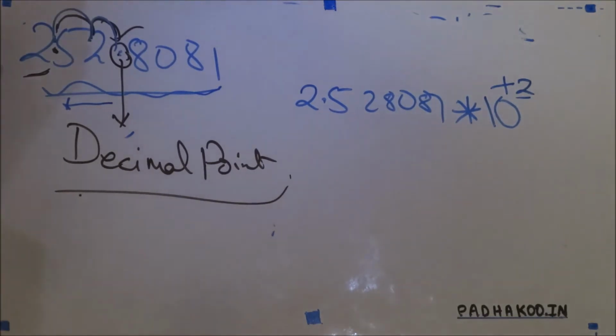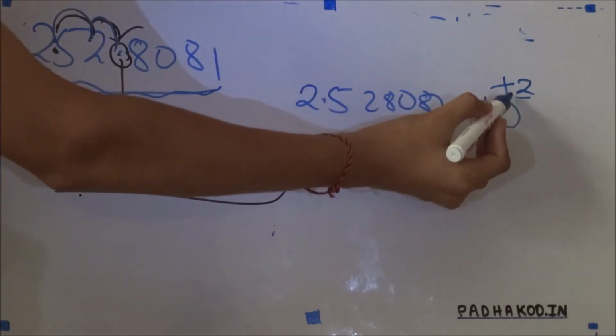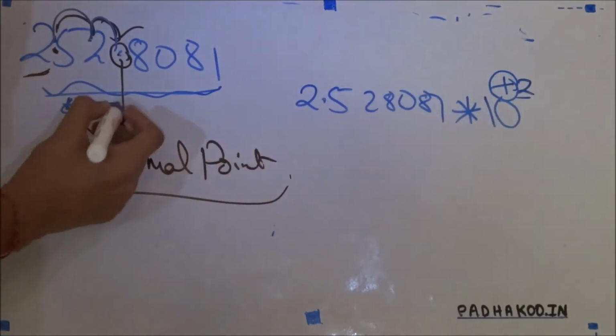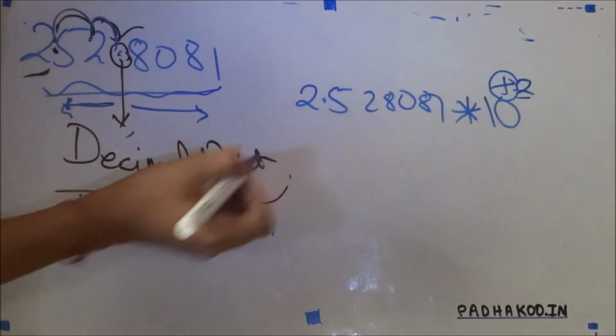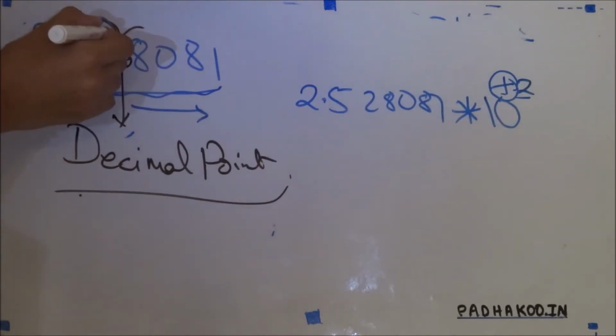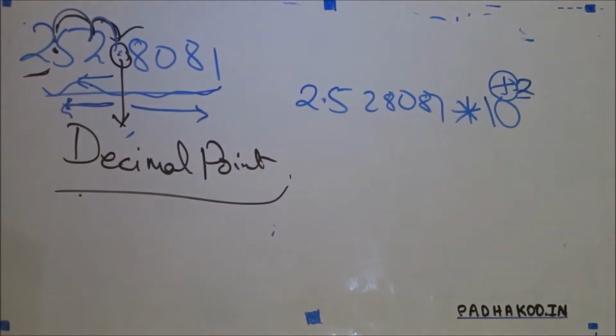If we shift the decimal point left, we precede the number by a positive sign; if we shift this point to the right, we precede the number by a negative sign. In this case we shifted it left, so it goes positive. Quite easy to understand.